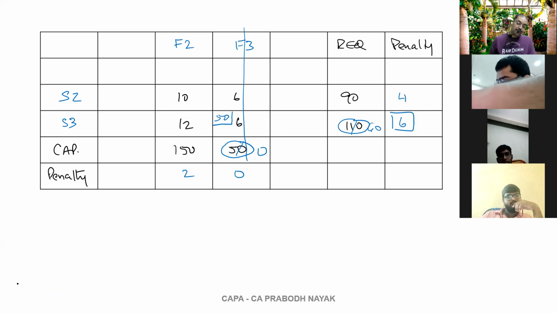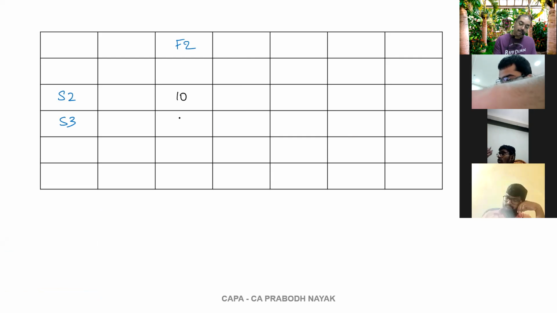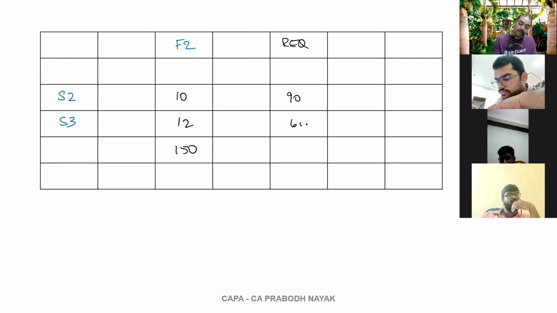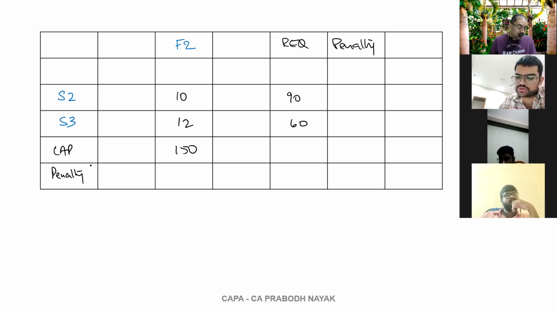Ten, 12, 150. Ninety and 60. Row penalty will be 10 only. This will be 12. This will be 2.